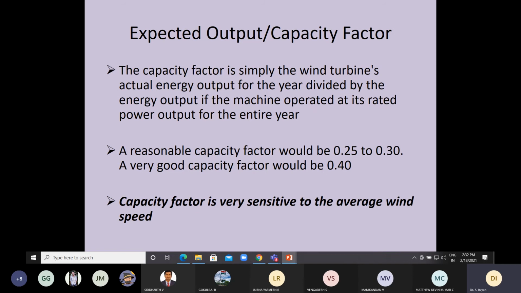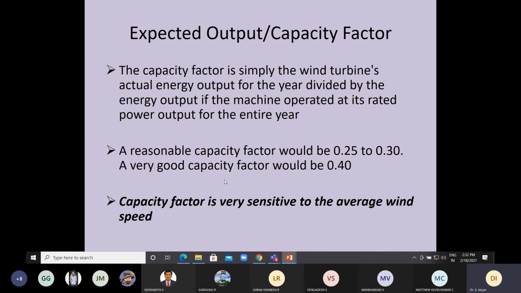The capacity factor is the actual energy output for the year, divided by the energy output if the machines operated for the entire year. Based on these calculations, we calculate the capacity factor.